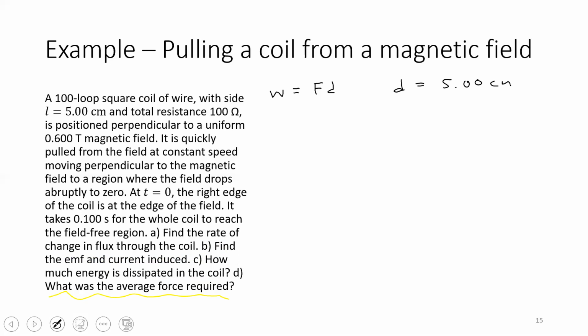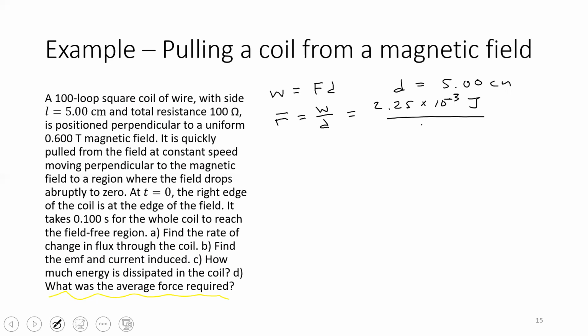So the force, we could take the work divided by the distance. Now we just figured out the work we had to do was the energy that was dissipated. So the energy that was dissipated was that 2.25 times 10 to the minus 3 joules, right?